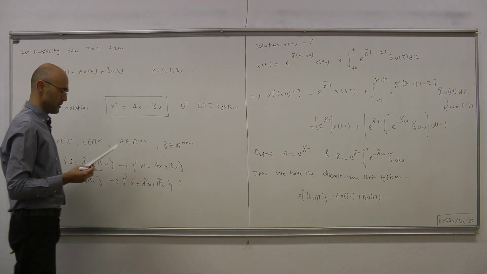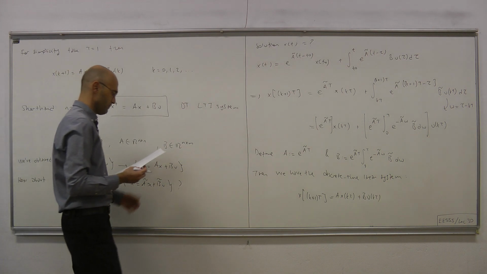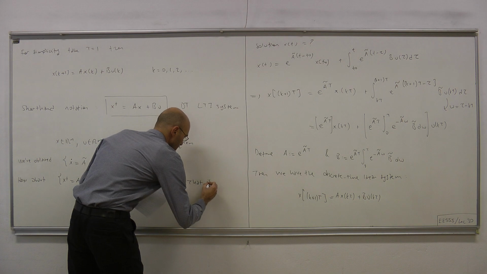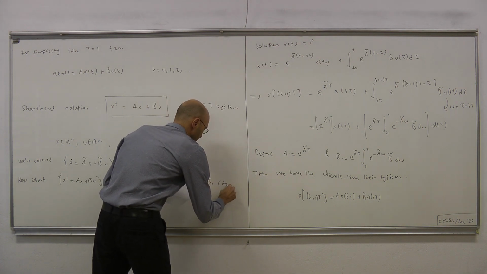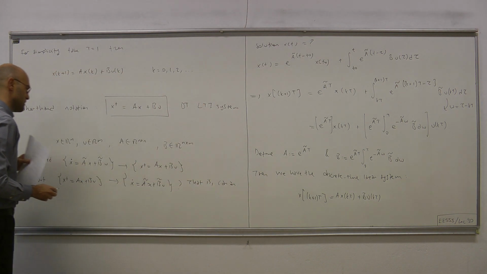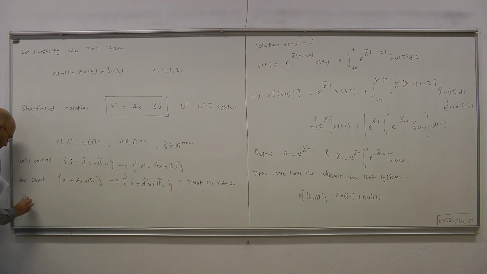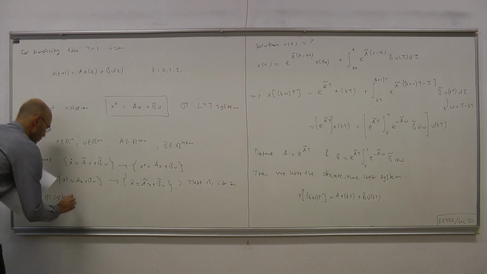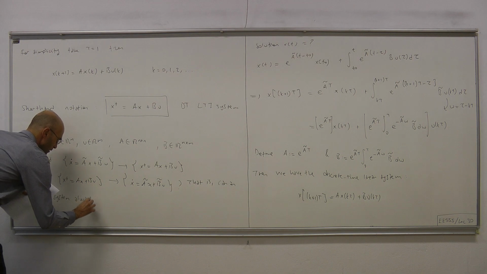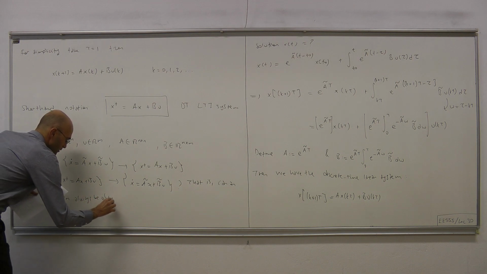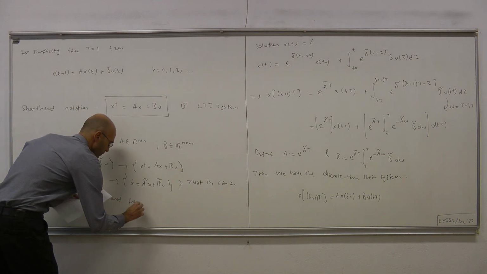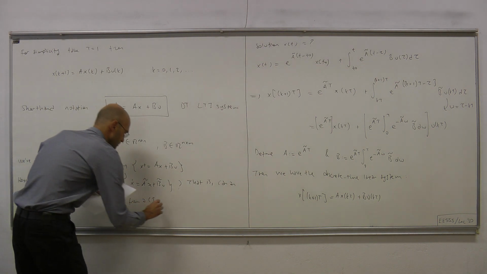The answer is not necessarily. So this question means, can an arbitrary discrete time system always be obtained from a continuous time system?